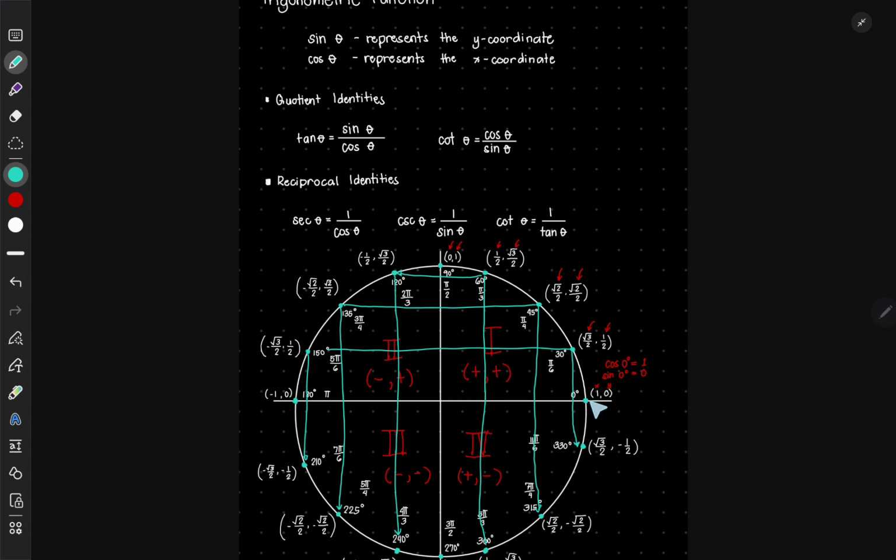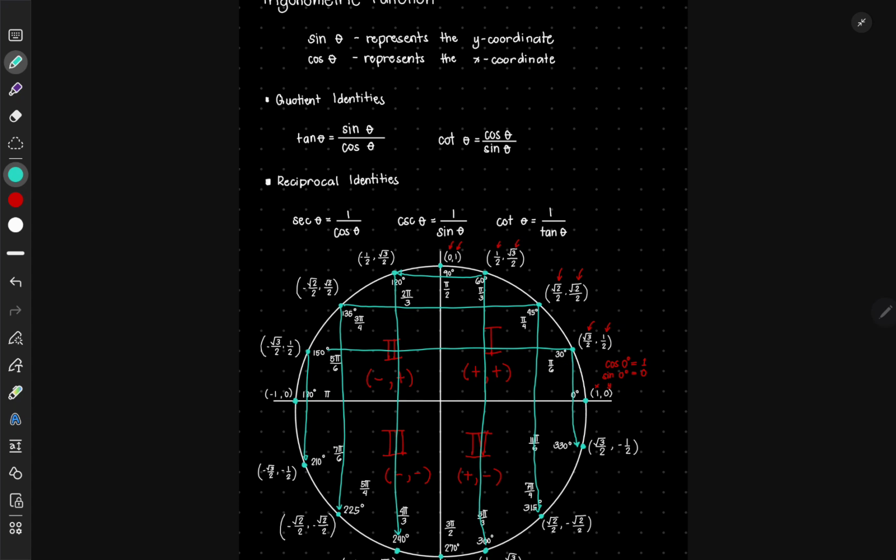Or you can also include yung 360 degrees kasi same lang naman or coterminal lang naman si 0 degrees at saka si 360 degrees. And also, be mindful din na pwede rin natin gamitin yung radian equivalent of these degrees or angles na binanggit ko kanina. And we already know na diniscuss na sa previous discussion natin noon how to convert degree to radian or radian to degrees.